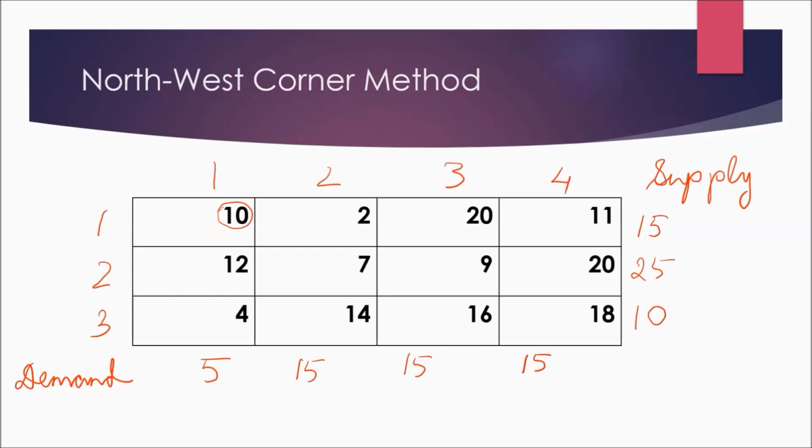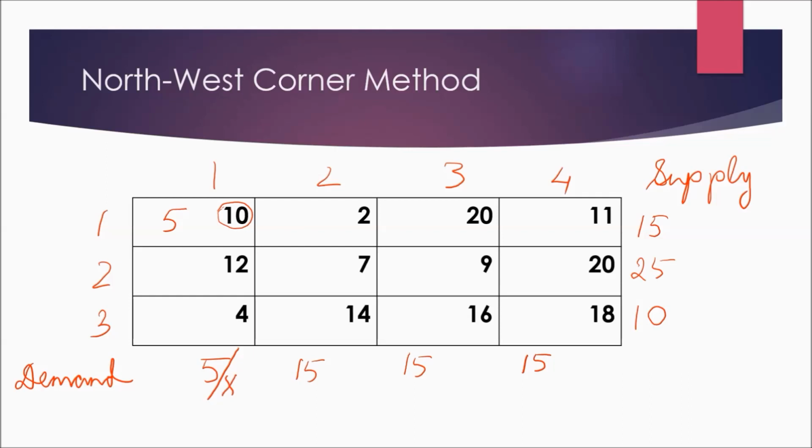So here the first destination has a demand of 5 and the first source has a supply of 15. So we can allocate 5 to the first destination, and we will just cross this demand.